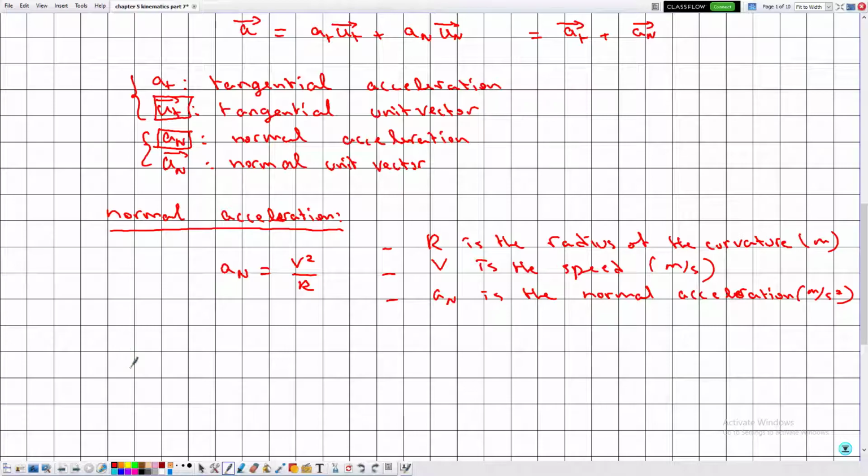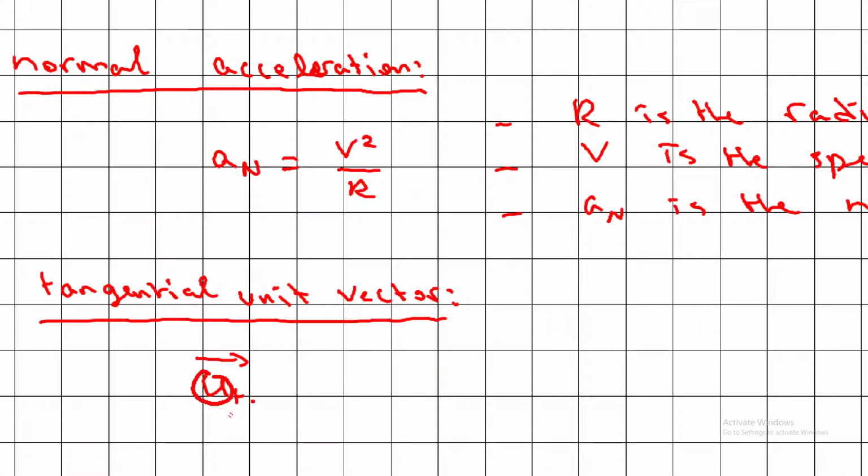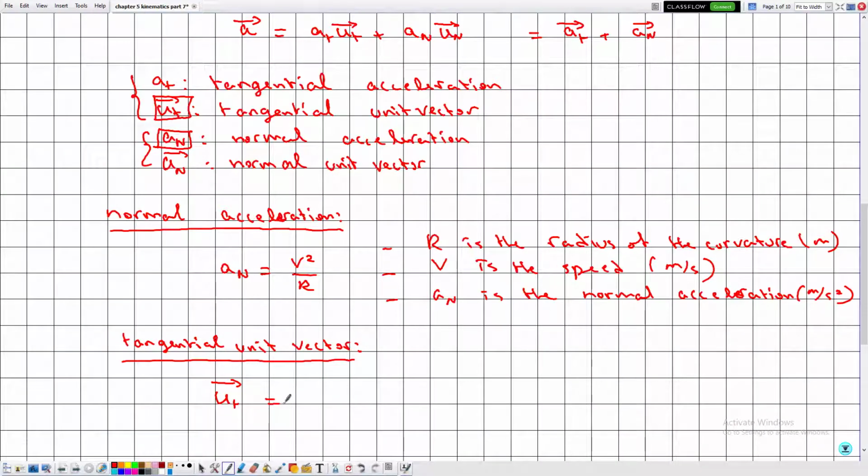Now as for the tangential unit vector, by definition the tangential unit vector, which is denoted by ut, where u stands for unit and t stands for tangential, is given by the velocity divided by the speed.